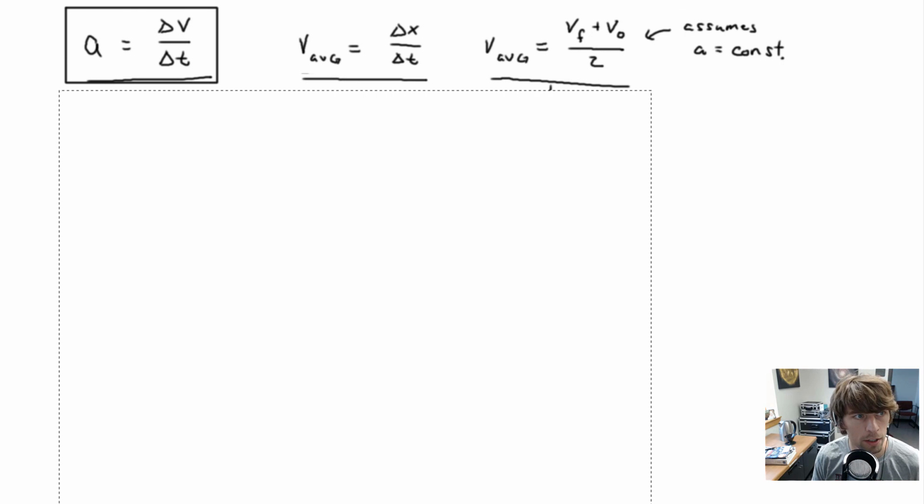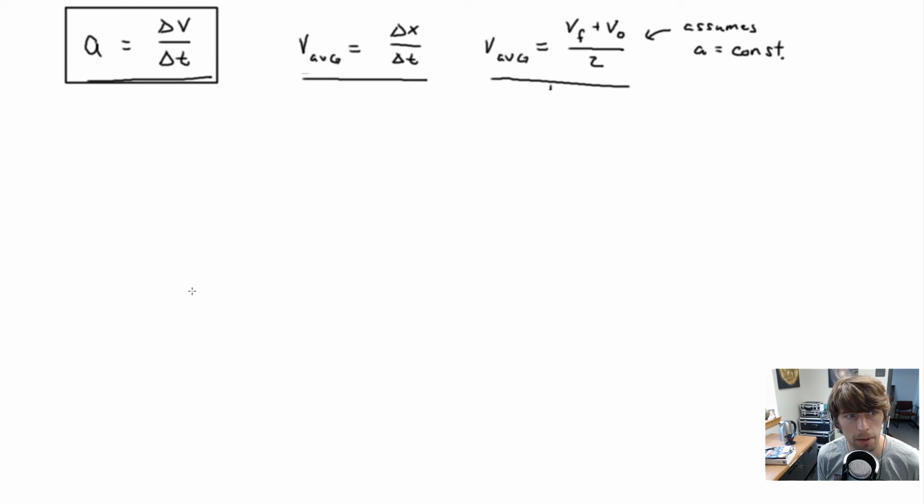The last one can simply be found by taking the definition of the average velocity and the arithmetic average. And if we plug those two together, you get something like 2 delta x is equal to v final plus v naught delta t.